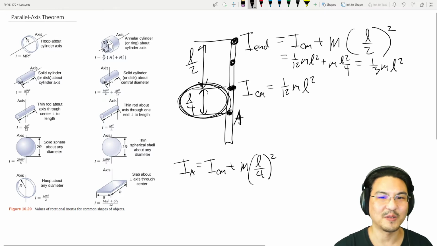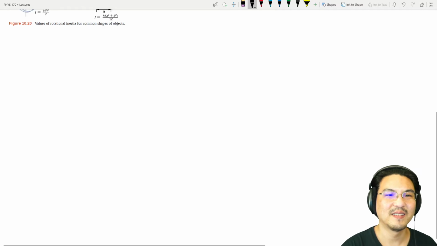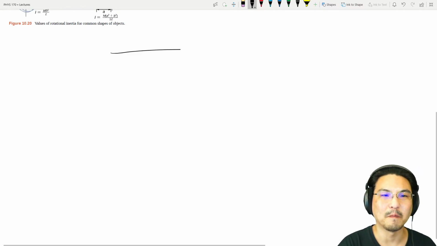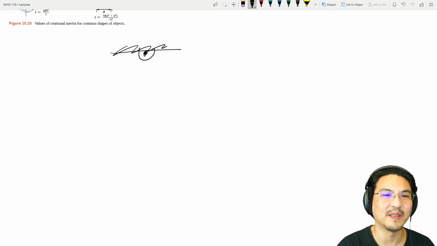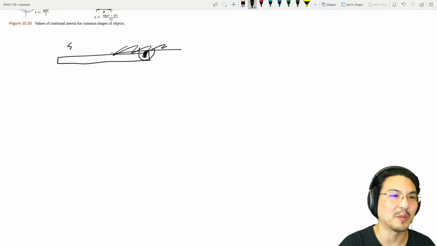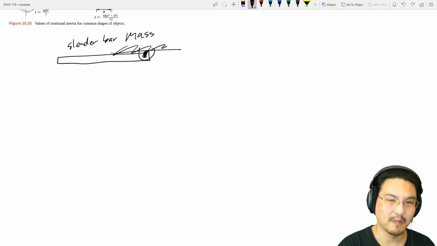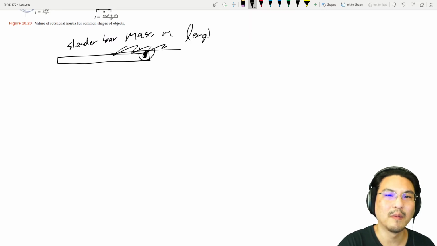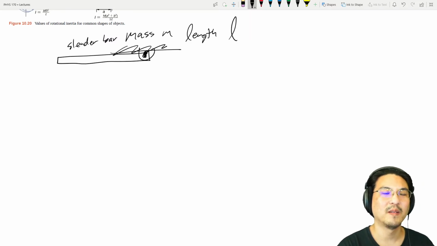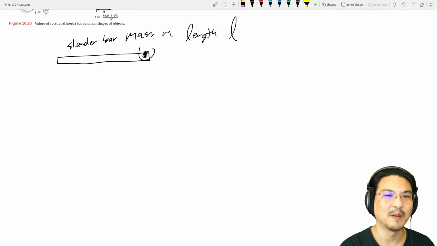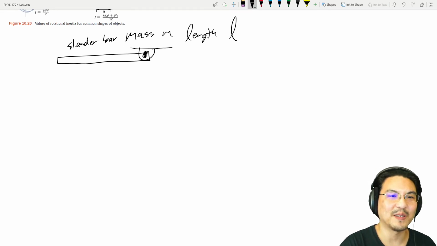Okay, let's try maybe a more complicated example. Let's say there is a bar like this, slender bar, and we know the mass m, length L. Okay, and then let's say we release this from rest.